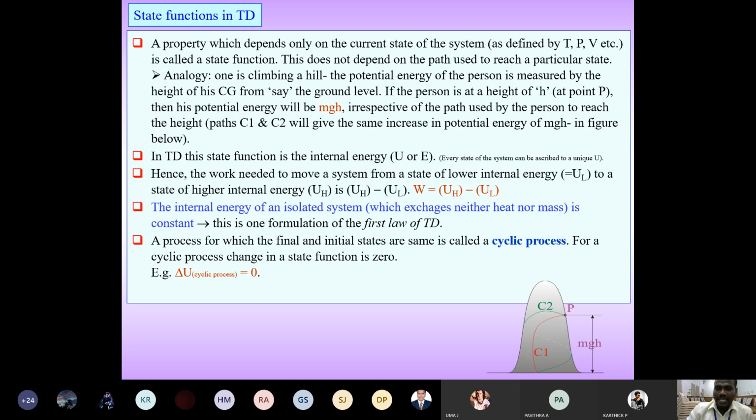If the final state and initial state are the same, that is called a cyclic process. We can have the example in the next class or in the next slides. So yes, a process for which the final and the initial states are the same is called a cyclic process.